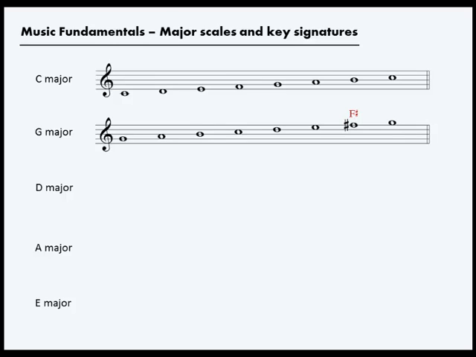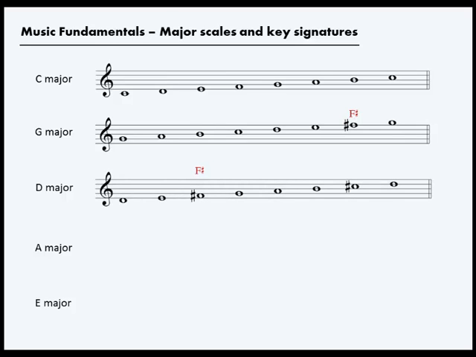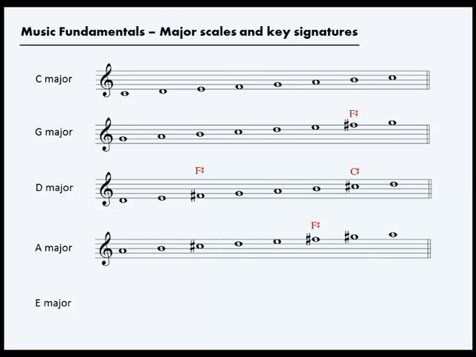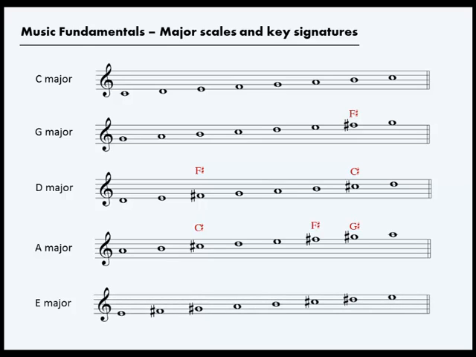The scale on D requires an F sharp and a C sharp. The scale on A requires an F sharp, a C sharp, and a G sharp. An E scale requires an F sharp, C sharp, G sharp, and D sharp.